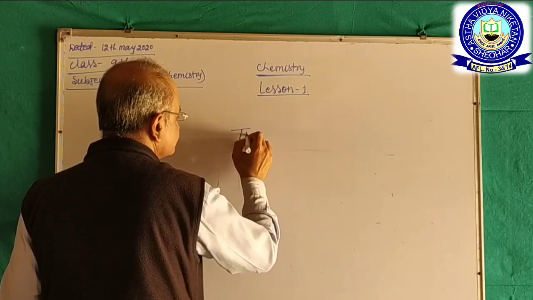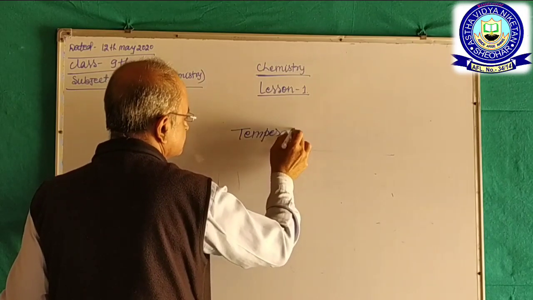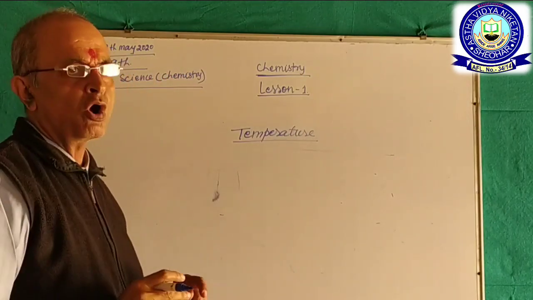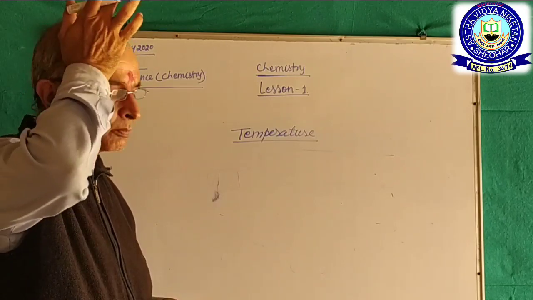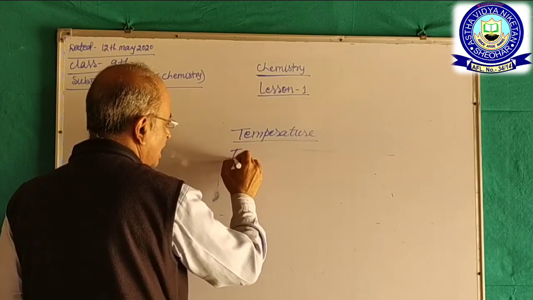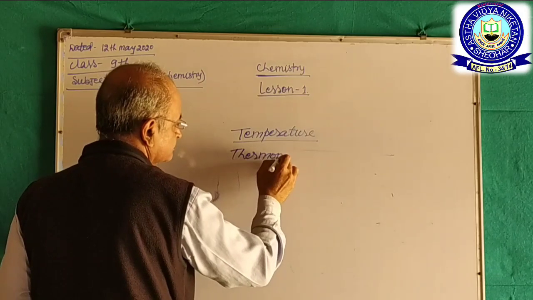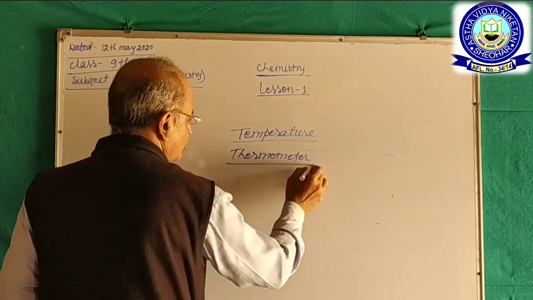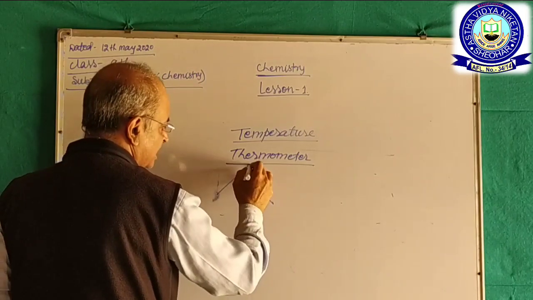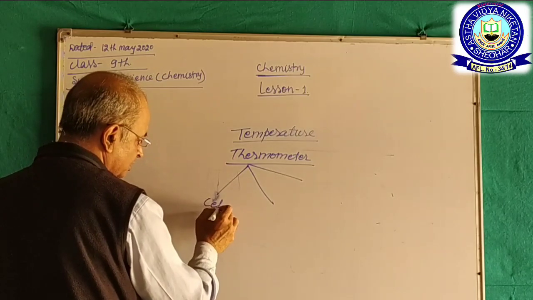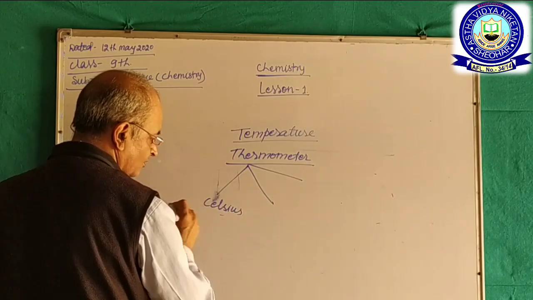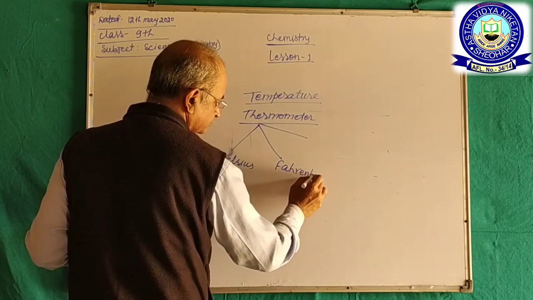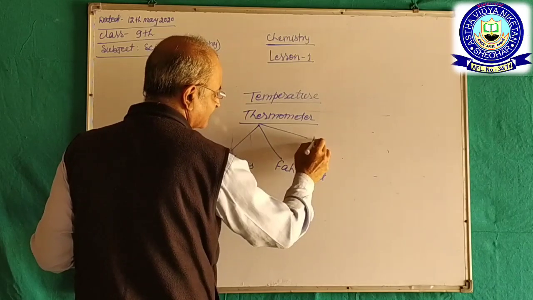The temperature: the comparison of hotness and coldness of a body is called temperature, and it is measured with a thermometer. A thermometer has three types of scale: Celsius, Fahrenheit, and Kelvin.